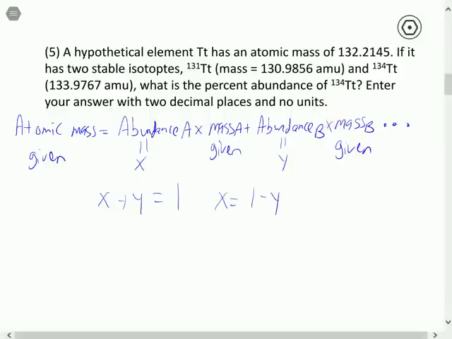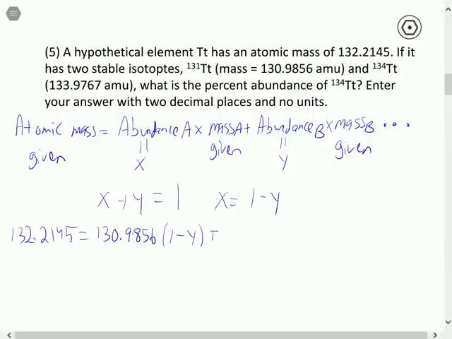If we put those substitutions in, our atomic mass, which is given, 132.2145, is equal to the mass of the 131 isotope, which is 130.9856, times its abundance, which is x, or we can rewrite that as 1 minus y, because we're going to solve for y as we'll see.